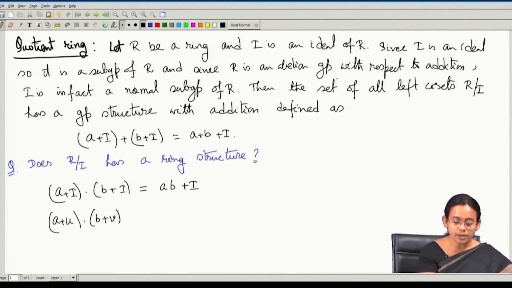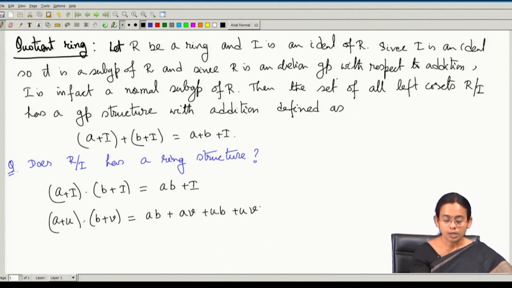So, now if I take the product, using the distributive law over R, the multiplication operation in R, what can I do? I can write this as ab plus av plus ub plus uv.